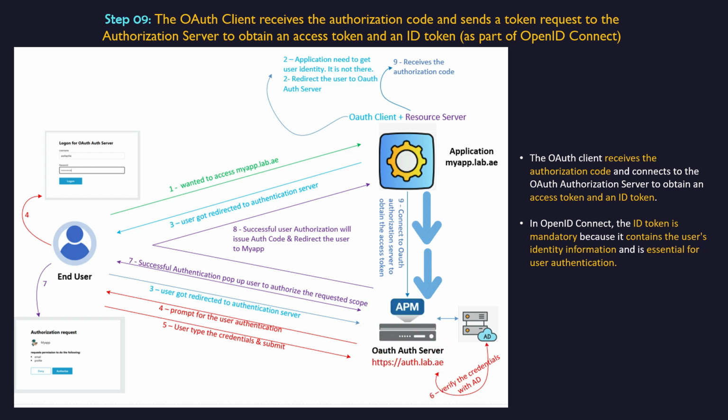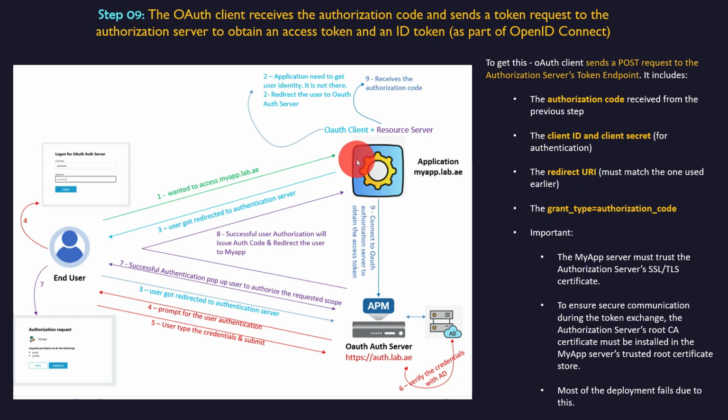token and ID token. In OpenID Connect, the ID token is mandatory because it contains the user ID information, and this is essential for user authentication. To get the access token and ID token, the OAuth client sends a post request to the OAuth Authorization Server's tokens endpoint.